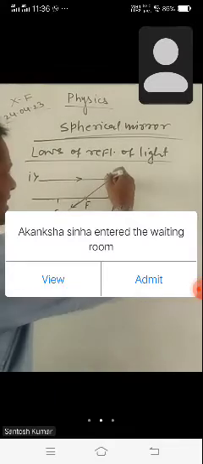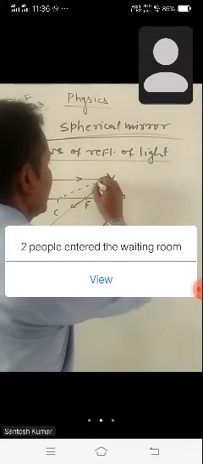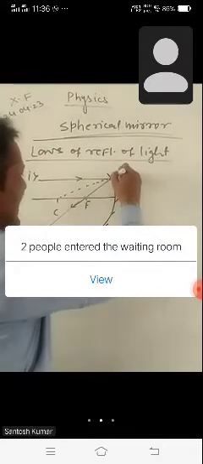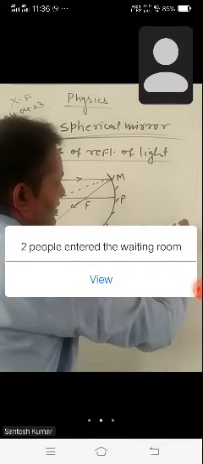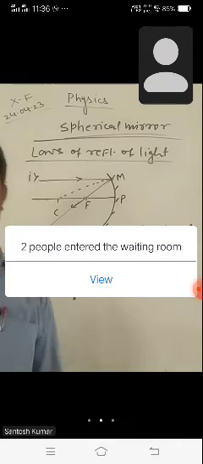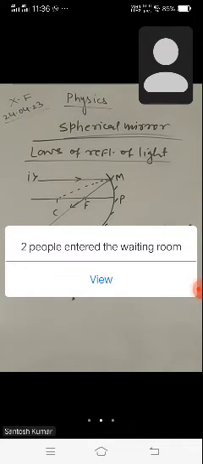In this case we had shown this is the point of incidence. So when you join this with the center of curvature, this CM will behave like the normal. We have shown why we can treat this as normal.